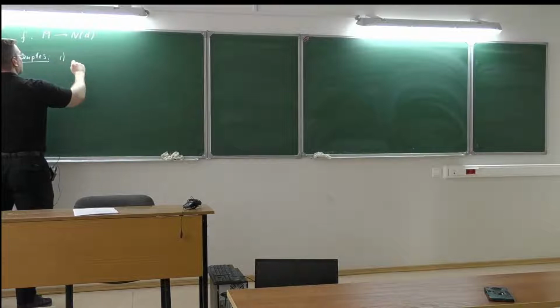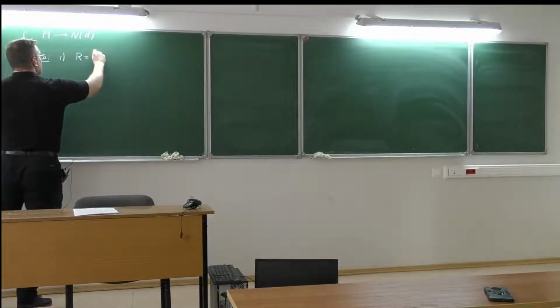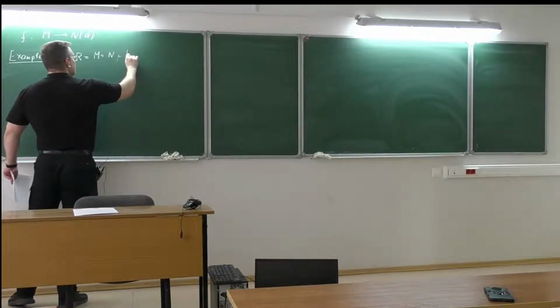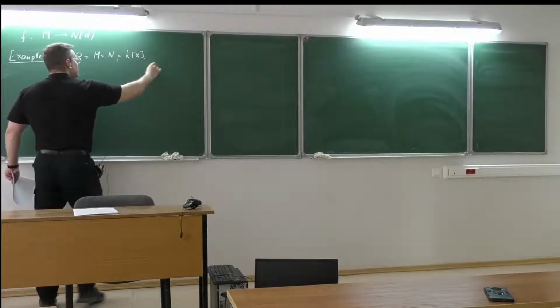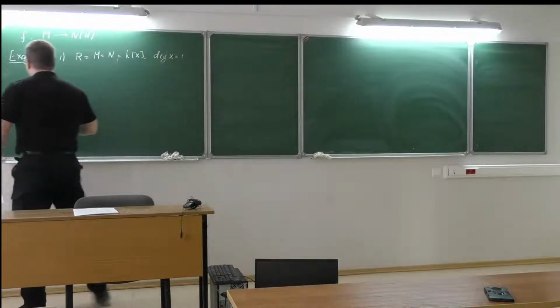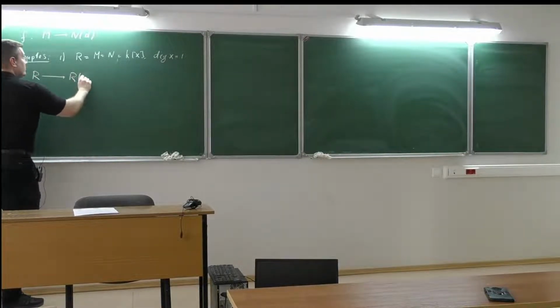So in the first example, let's take a ring to be the same as the module, so M and N, and in this case just a polynomial ring in one variable. Say we assume that the degree of x is equal to 1. Then we can consider the following map. Let me say f is a map from R to R shifted by d.